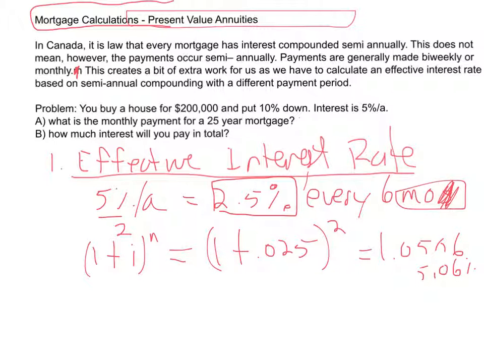Okay, so whoops, that was an eraser. I better write that again. 5.06% per year. Okay, so right here, 5.06% in a year.